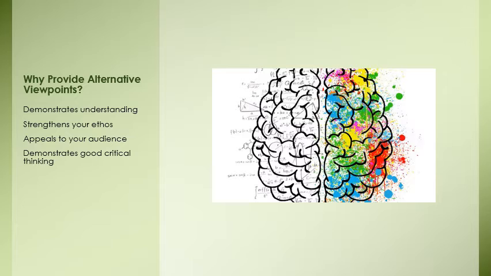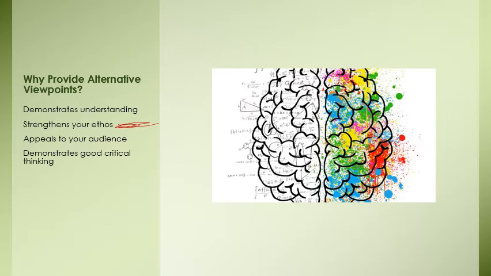And there are a lot of voices in this discussion. By providing alternative viewpoints to what you think, you are showing that you understand that you are part of this larger conversation. It's important to demonstrate this, one, because it strengthens your ethos.